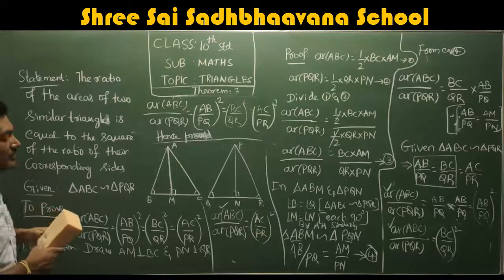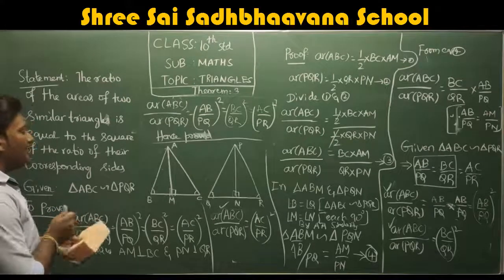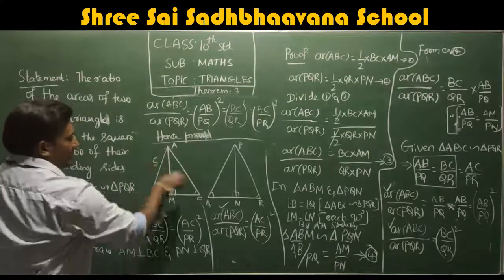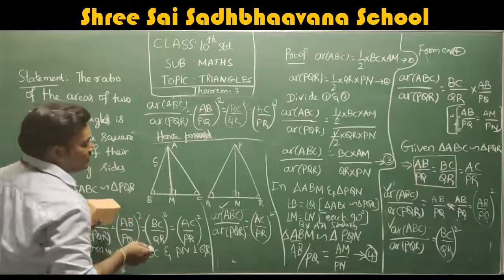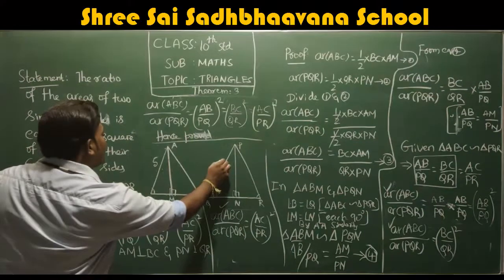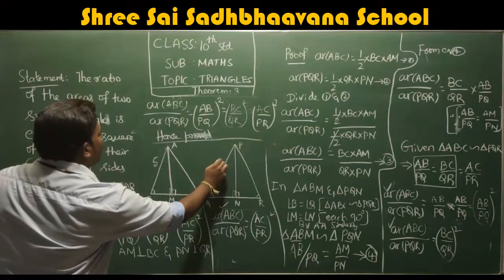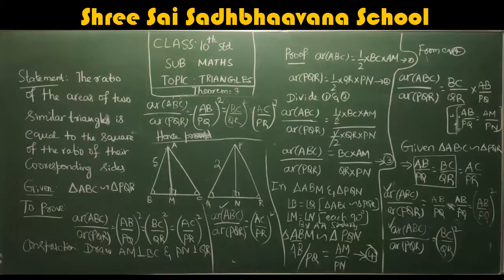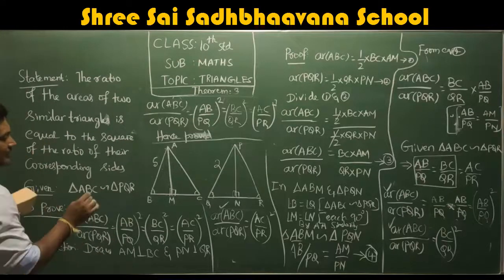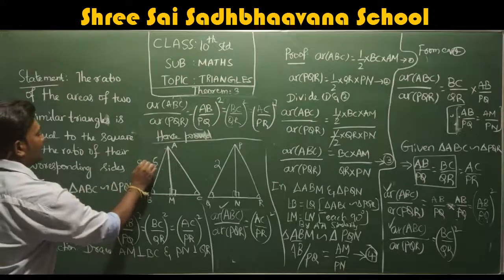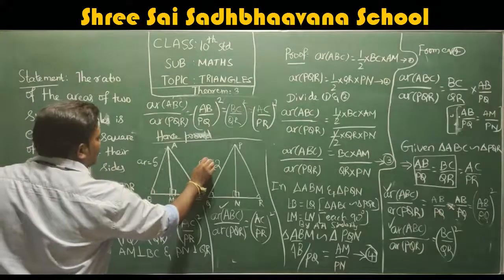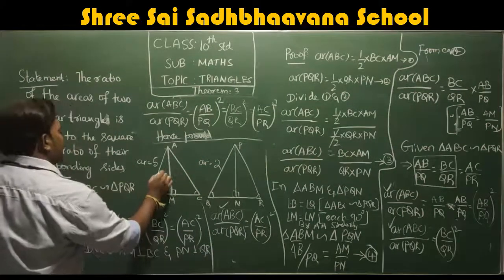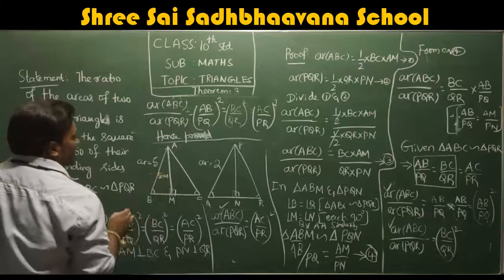This means the ratio of the areas of these two similar triangles is equal to the square of any two corresponding sides. For example, say the total area of triangle ABC is 5, and the other triangle's area you take as 2.